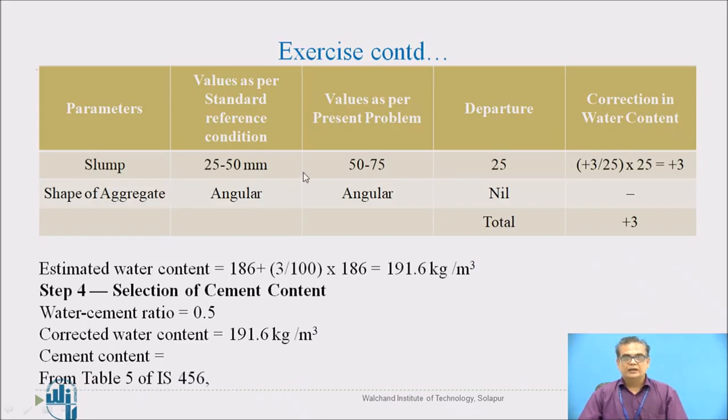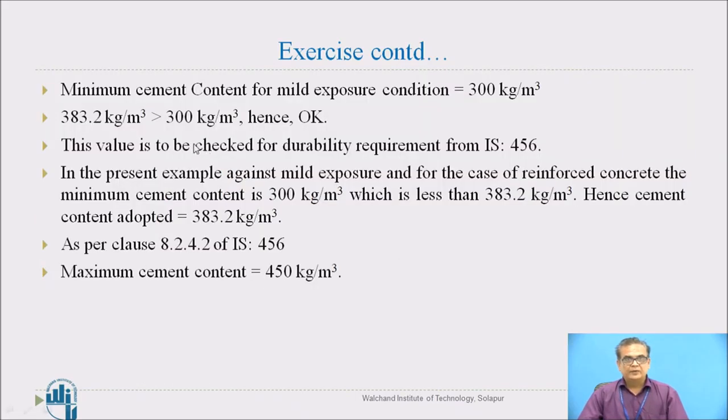For slump from 50 to 75 mm, the correction in water content should be applied like this, and the estimated water content after applying the correction comes to this much. Then selection of cement content. Minimum cement content is 300 kg per cubic meter. By calculations done here, we get 383.2.